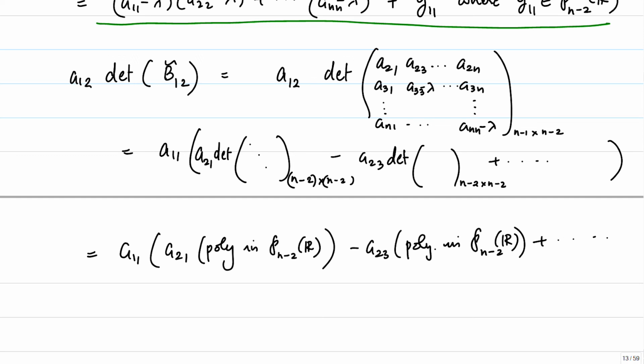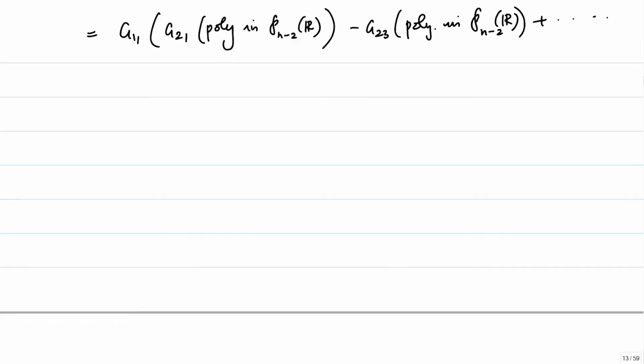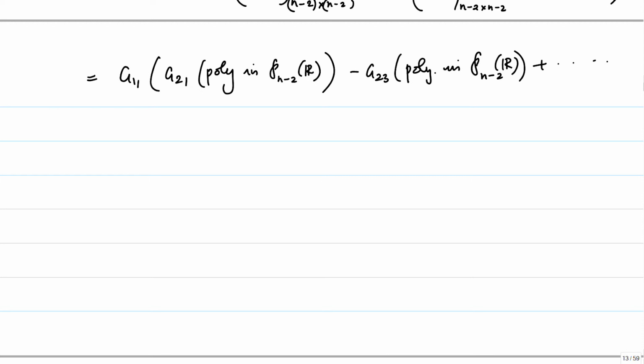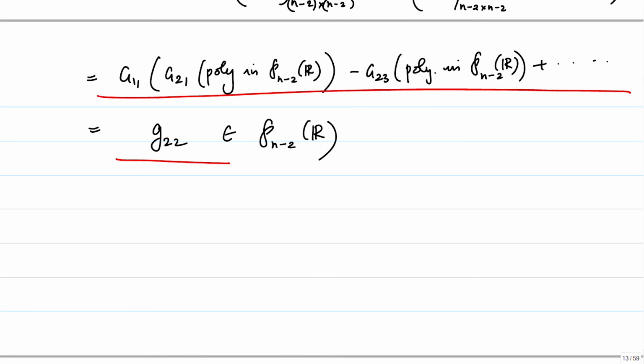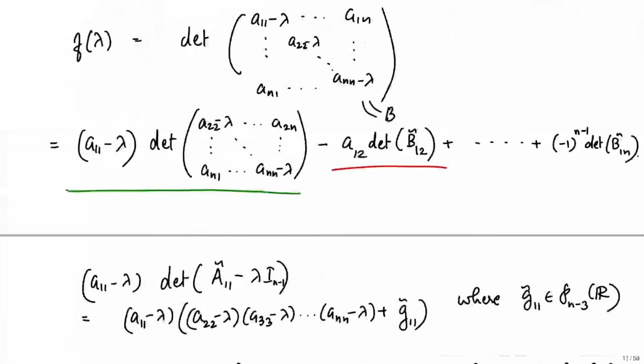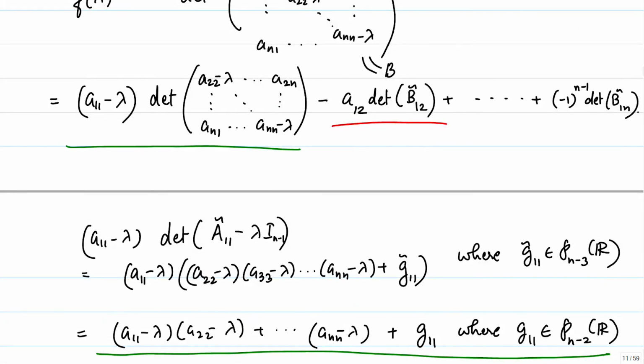Everything will be like that. And notice A21, A23 and all these are constants, or rather scalars, real numbers, degree 0 polynomials. So this will just turn out to be some G22 which is in Pn minus 2 of R. So this red will just turn out to be this red.